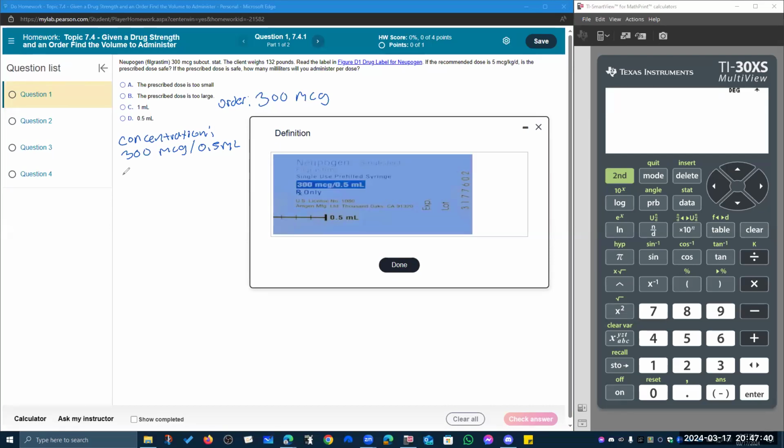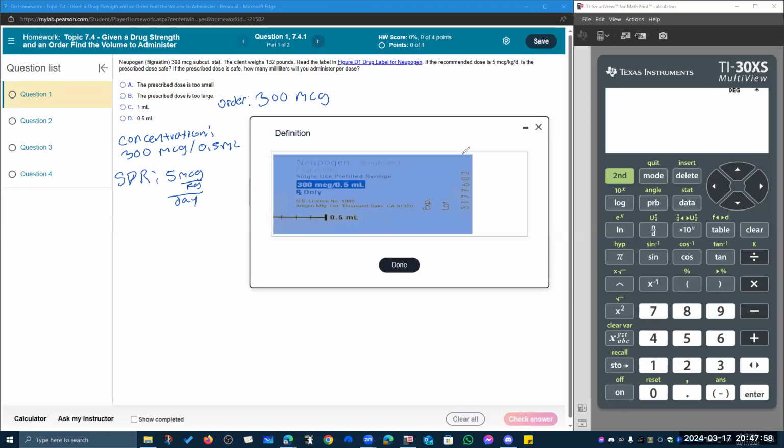And then the SDR is 5 micrograms per kilogram per day.